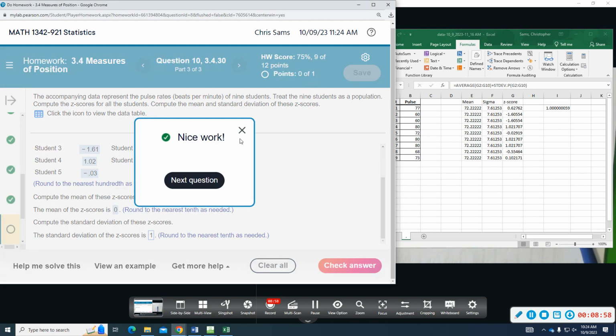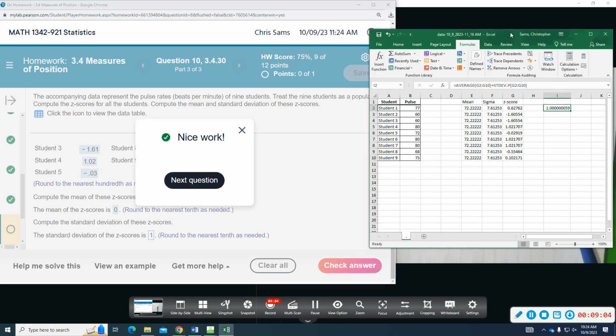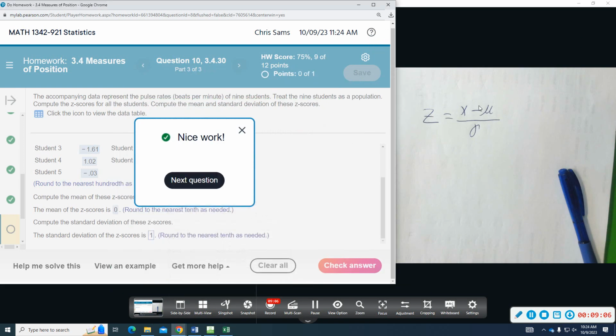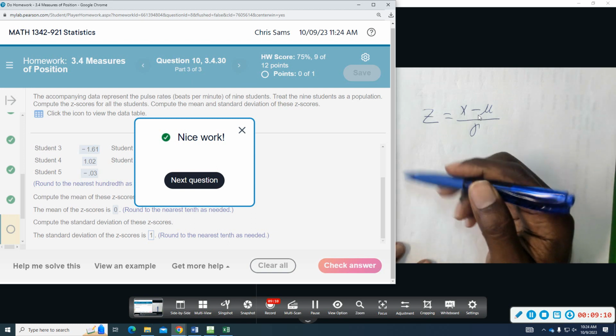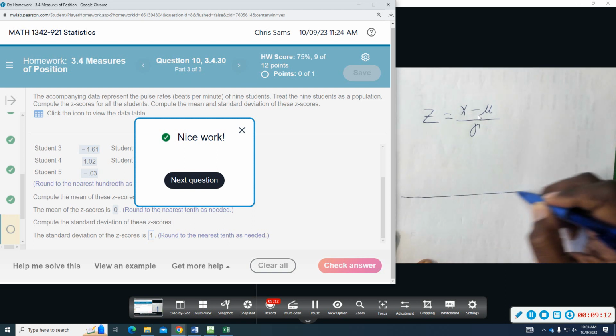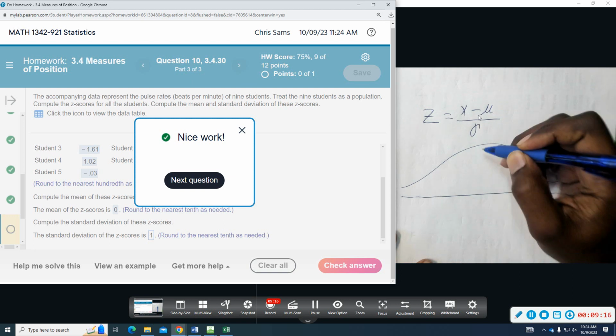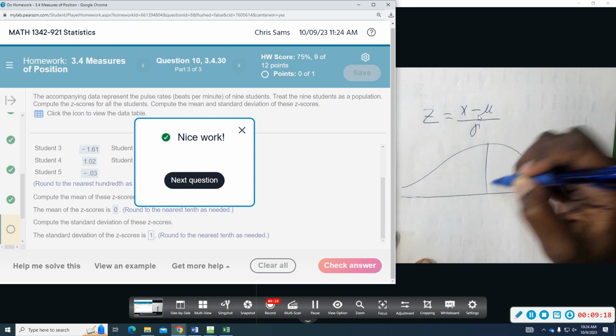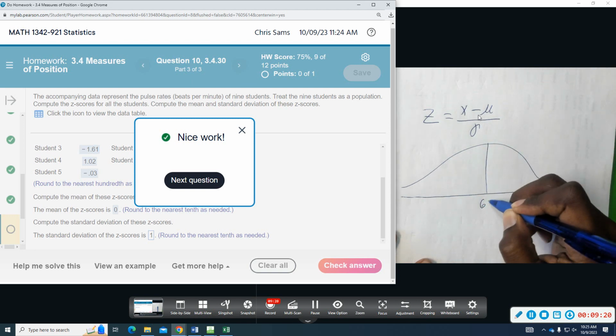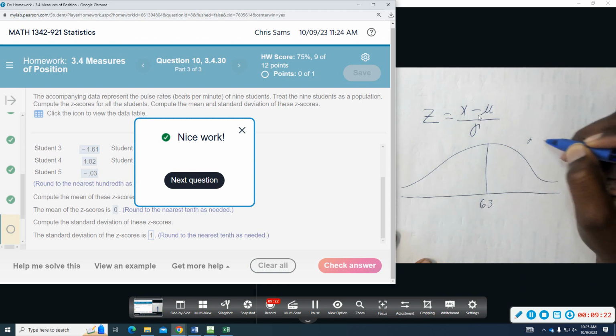So what this is saying, or a better way to interpret just the mean of the z-score and the standard deviation, once we compute a z-score, if you recall the empirical rule, let's say you have a mean of like 63 maybe, and your standard deviation is 7.